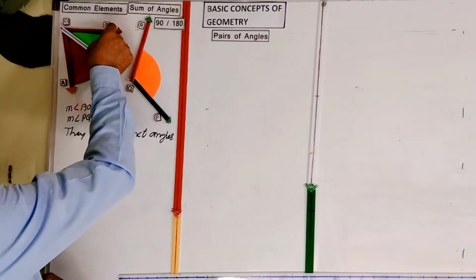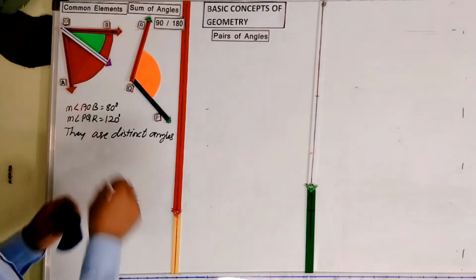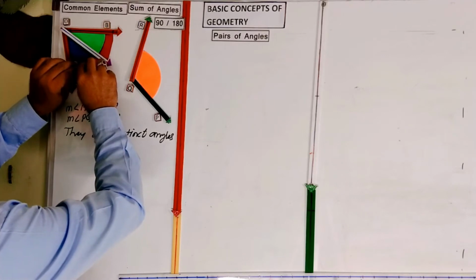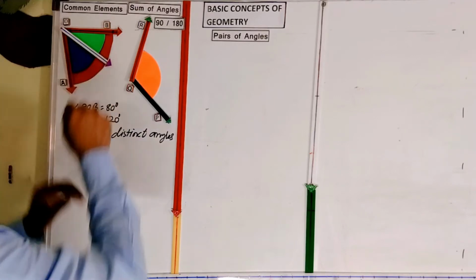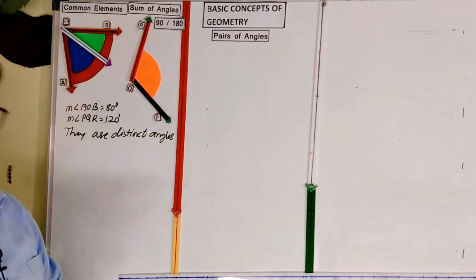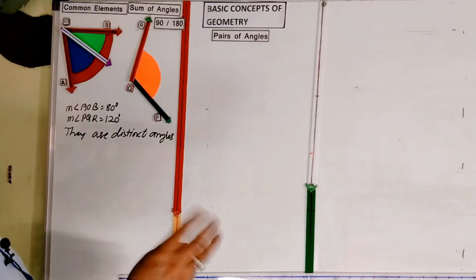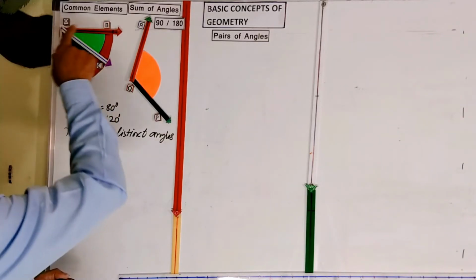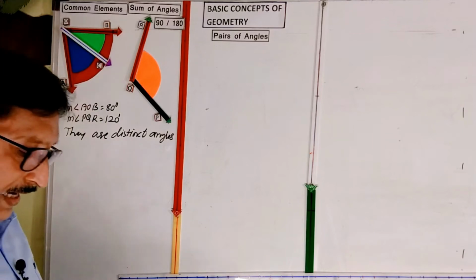This one we have shown in green color, and the other part we can show in blue color. Therefore, you can clearly identify that two interiors are made inside the angle. That means we have two angles here. You can say that angle AOC and angle COB are two different angles.